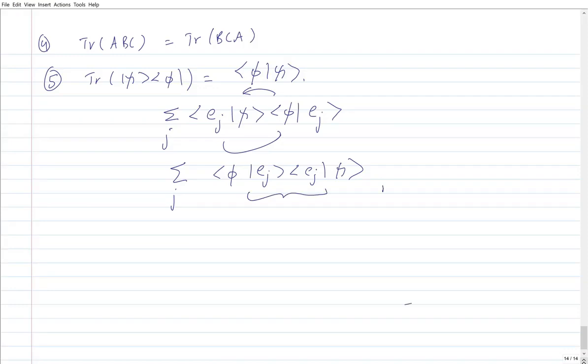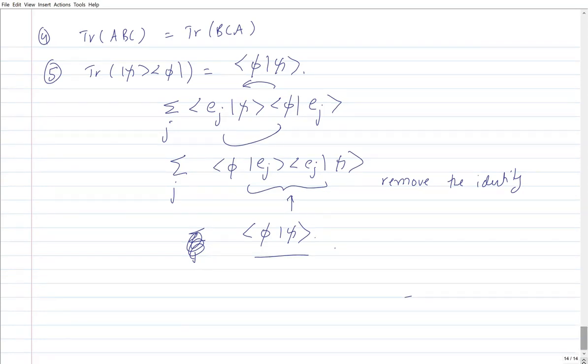I can remove the identity, I can tack on the identity anywhere. That's going to give me essentially this. So essentially the message is that the trace has the tendency to convert the outer product into an inner product.